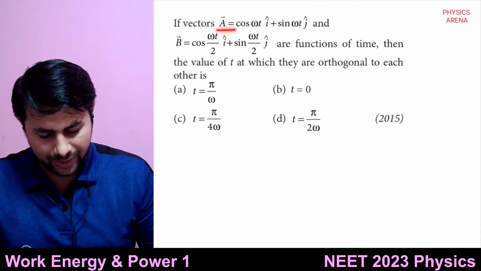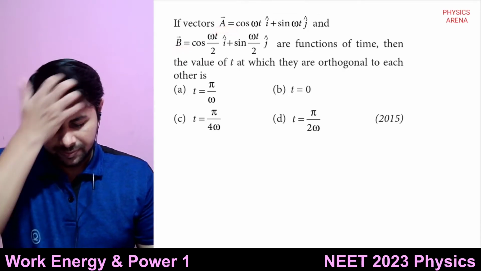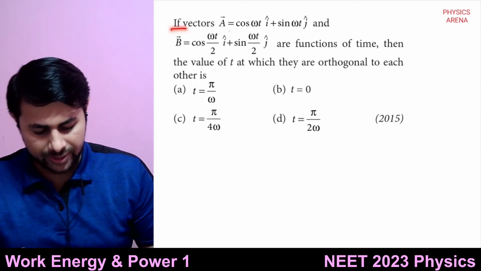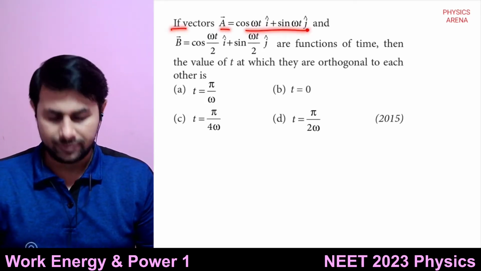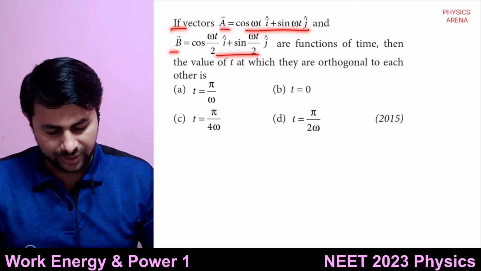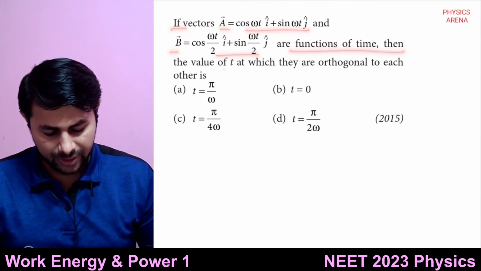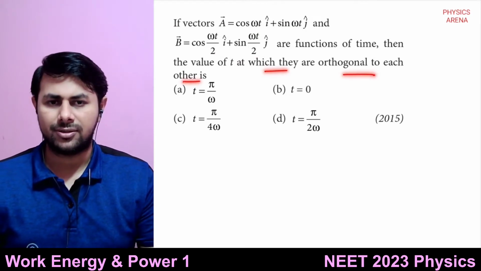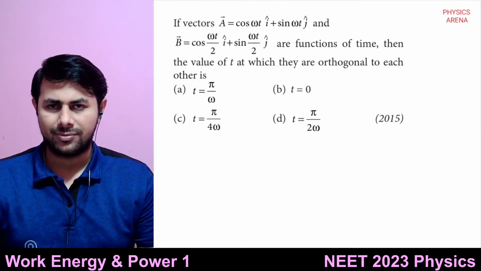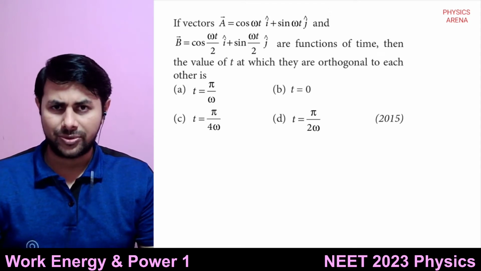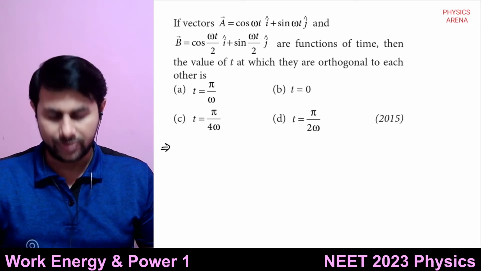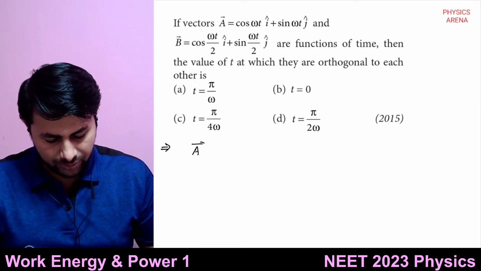If vectors a bar equals this and b bar equals this are functions of time, then the value of time at which they are orthogonal to each other is, this is the question. So what do we have to do? When two vectors are orthogonal to each other, the dot product is equal to 0.